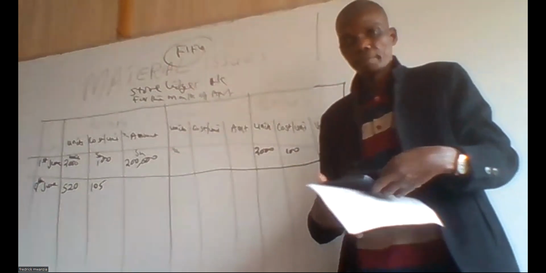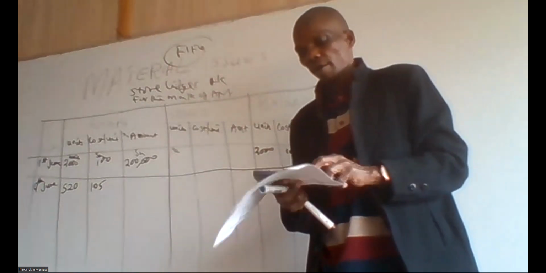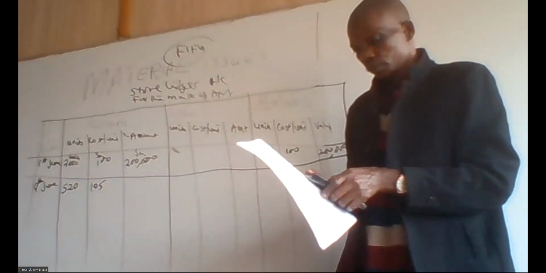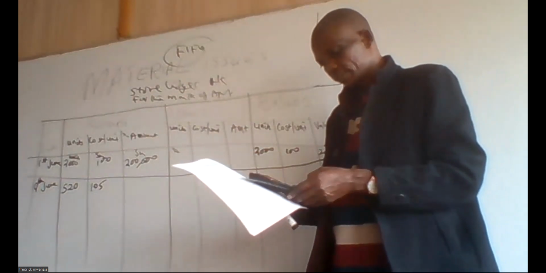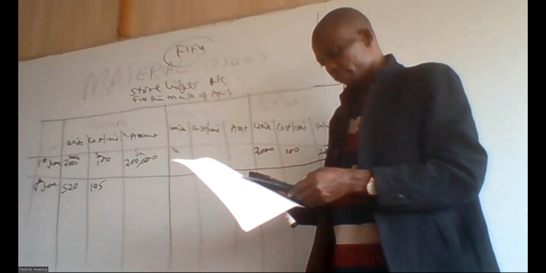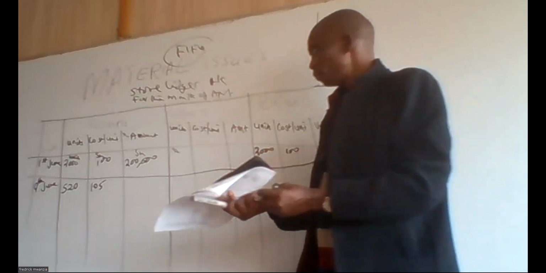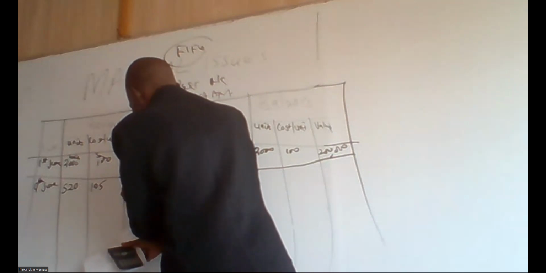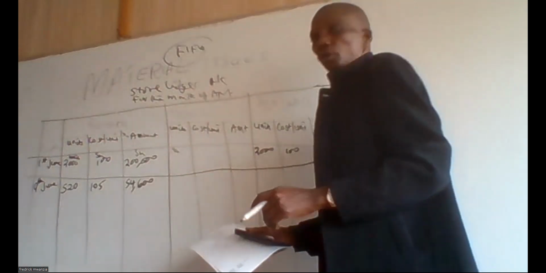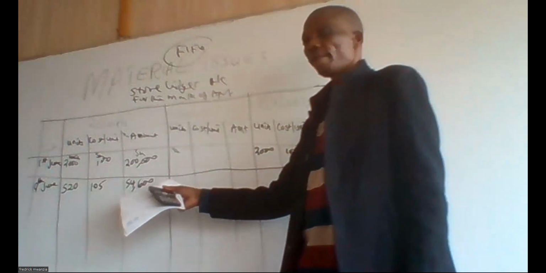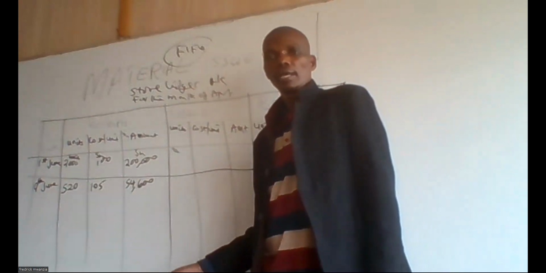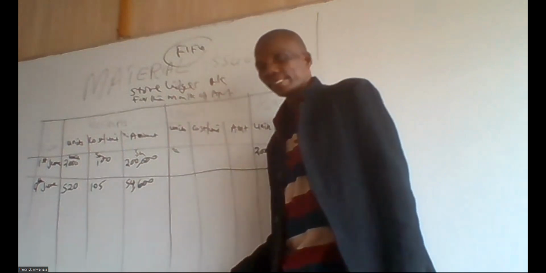We have 520 times 105. That gives you 54,600. Now, you can see that at this particular juncture, there are two consignments. There was a consignment that was received first, and there's another one which has been received this time.